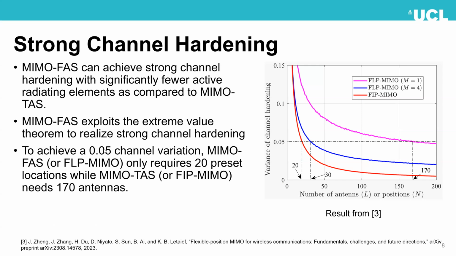For example, to achieve a 0.05 channel variation, MIMO-FAS only requires 20 preset locations, okay, while MIMO-TAS here needs 170 antennas. So you can see that the performance of MIMO-FAS is significantly better, and this could improve the spectral efficiency and energy efficiency.